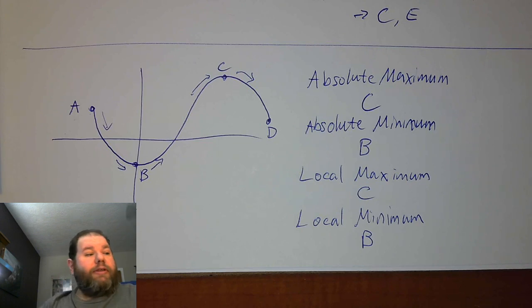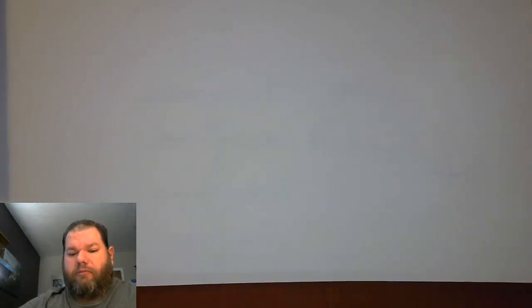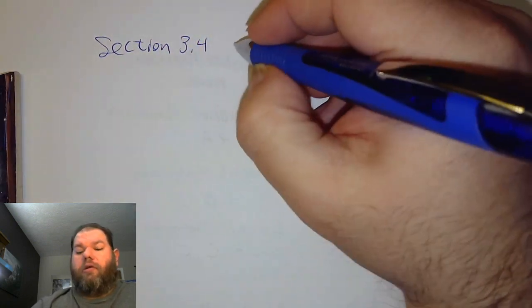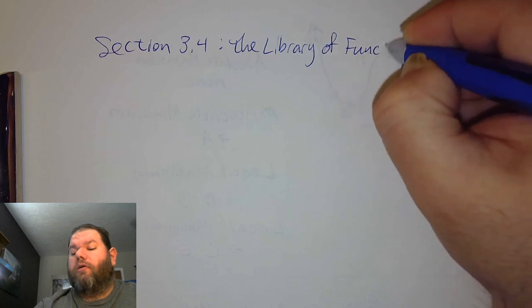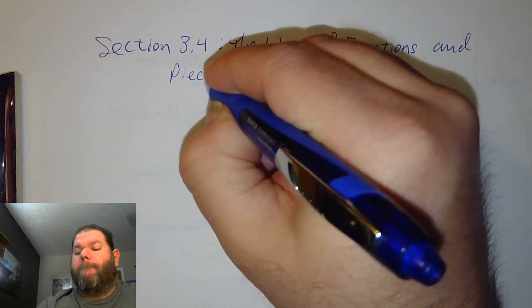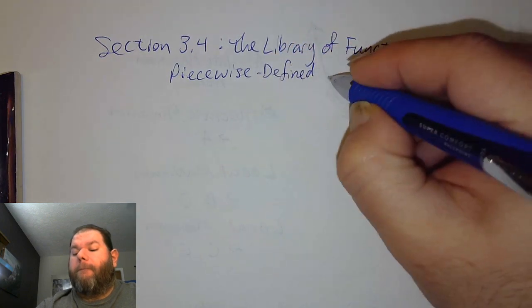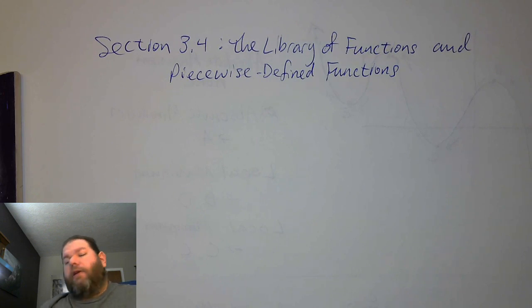So let's continue with section 3.4. Section 3.4 is on the library of functions and piecewise defined functions.